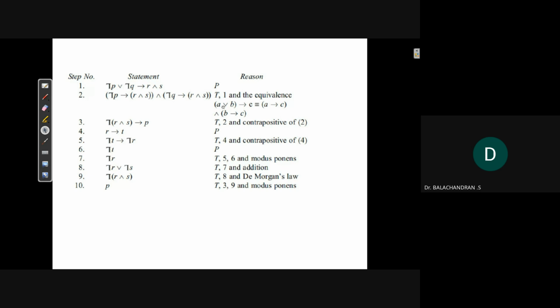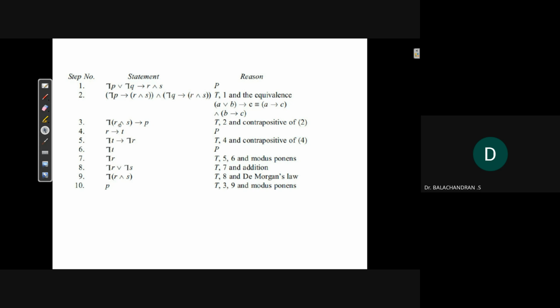Using this rule: A or B implies C is equivalent to A implies C and B implies C. You should remember this rule. So A implies C, and B implies C, that is R and S.